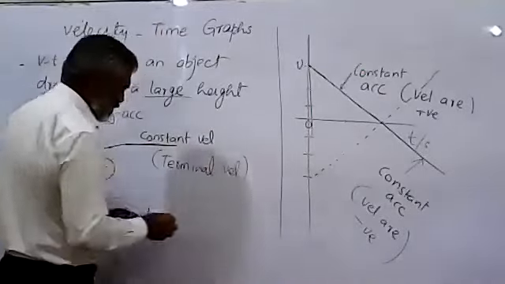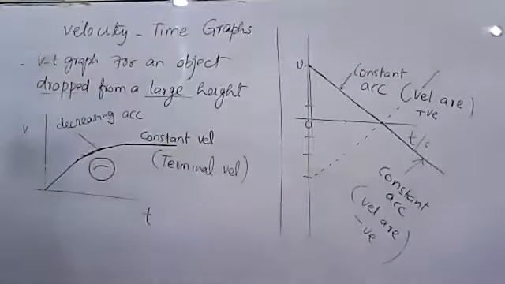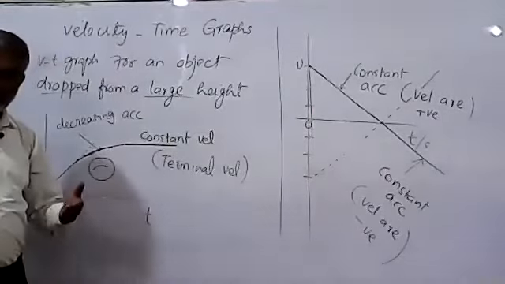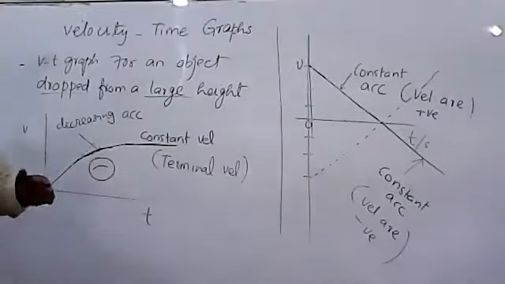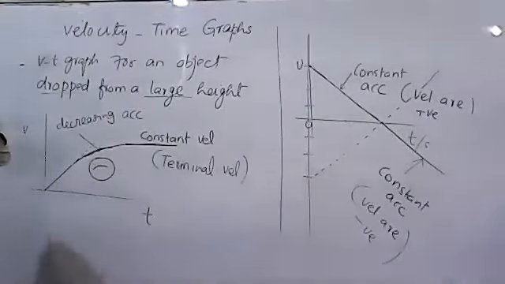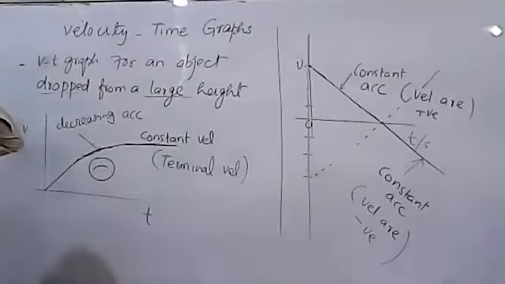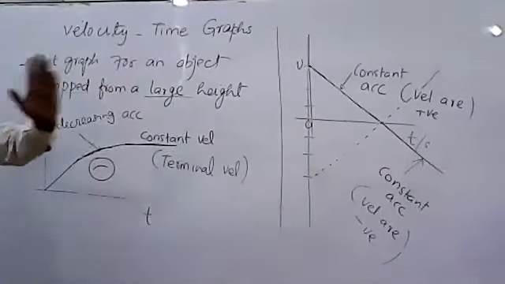So terminal velocity is that velocity of an object, if it's falling freely, for example, where weight and air drag become equal. If it's a situation of a car moving on a straight road, it tries to accelerate on that road.